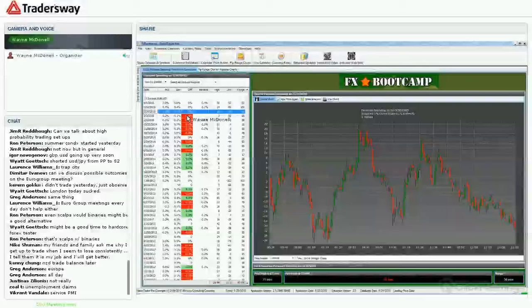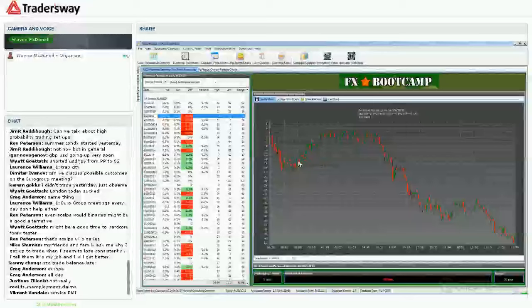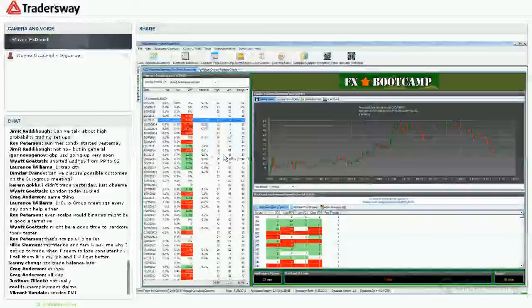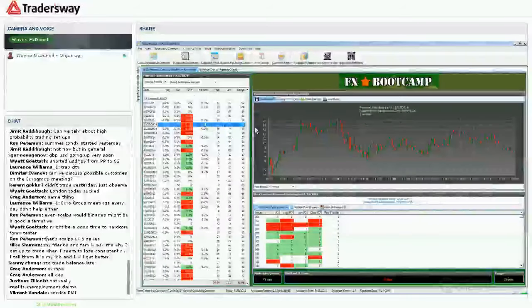So it seems to me so far, another scenario, you can expect about a 25 pip scalp out of this thing. And a miss has been more up than down. So let's do it this way.